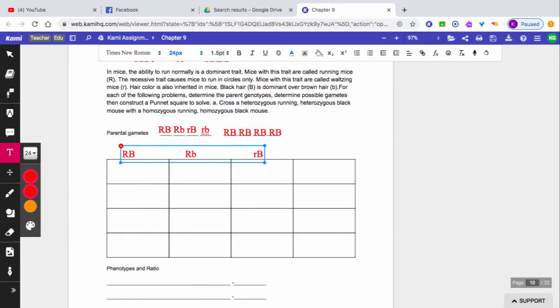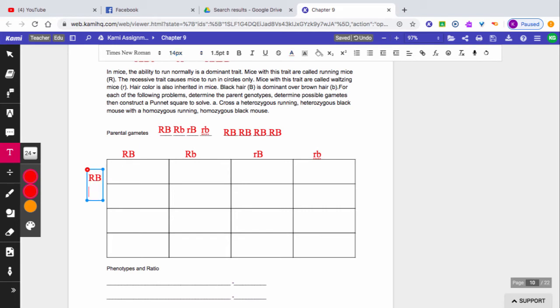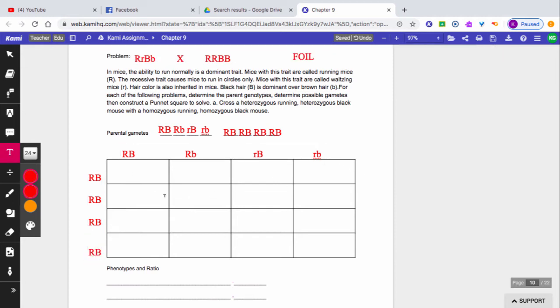And then little r, little b. Okay. And then for this parent, there's only one possibility. Okay. So then what you're going to do is you're going to keep your r's together and your b's together.